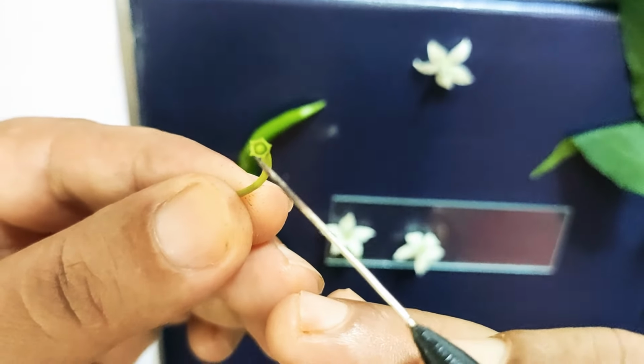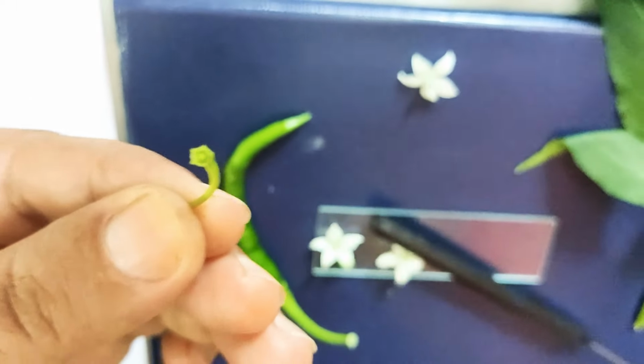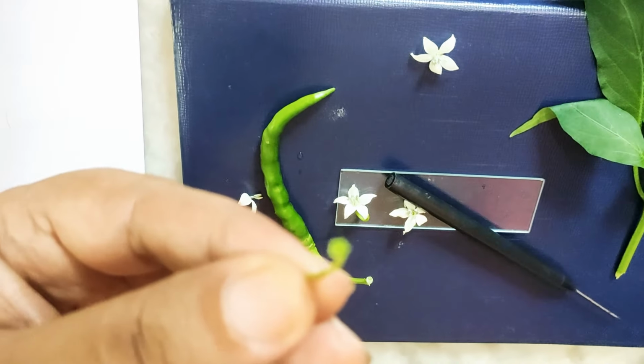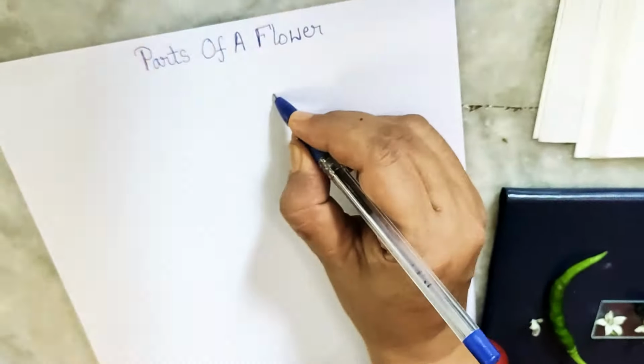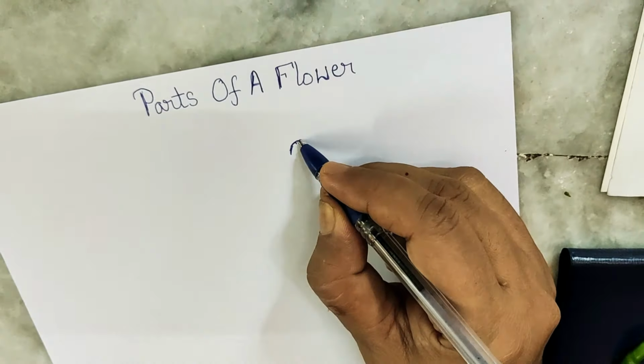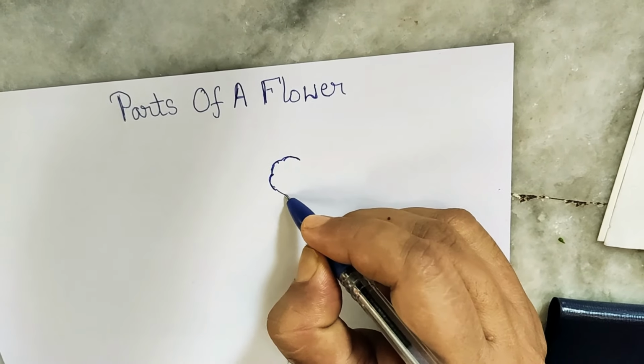Okay, and they are valvate estivation. Now what is the meaning of valvate estivation? If you cut the calyx or take out the calyx, you will find that the sepals are arranged in this fashion, somewhat like this.